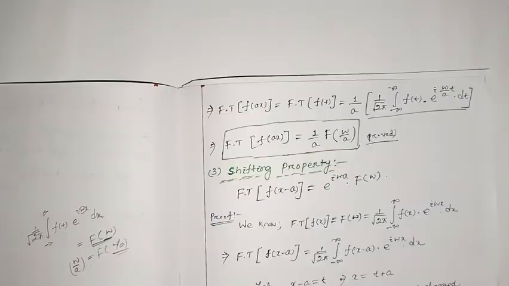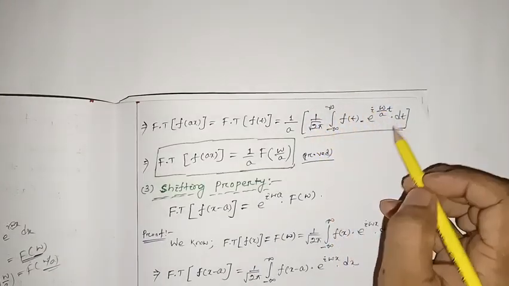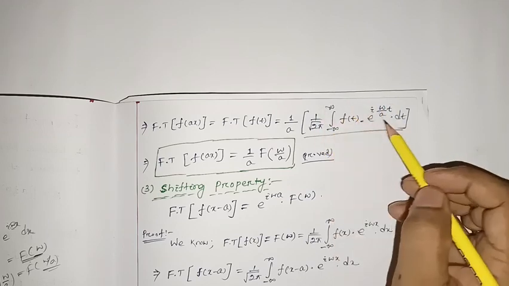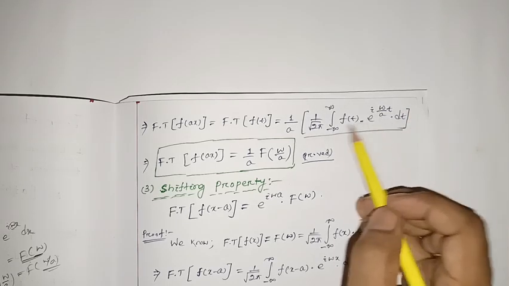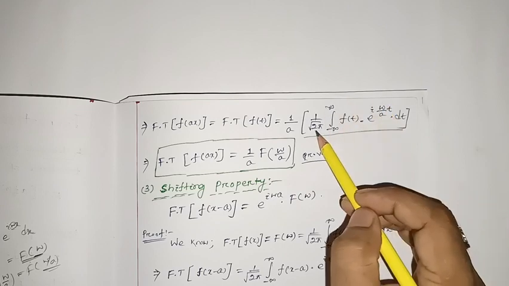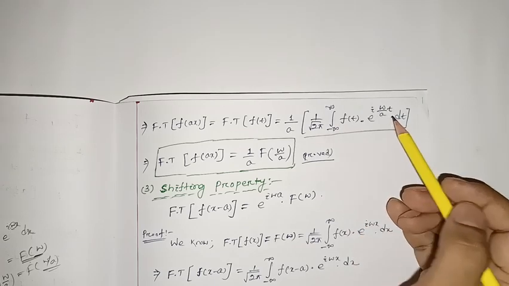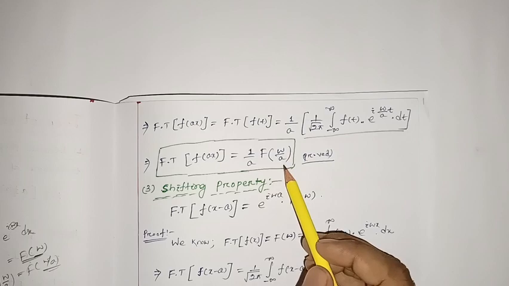Or you can think of it this way: if we integrate with respect to t, we substitute the limiting value at t. Omega by a is constant, so finally we get a function of omega by a.